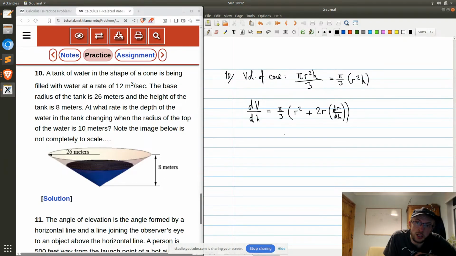So set up a relationship between the radius and the height for this particular cone.